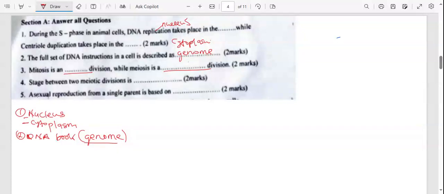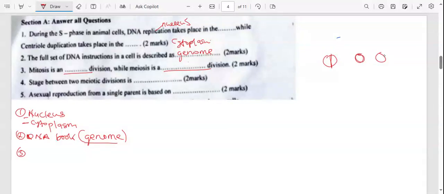Then question 3: state that mitosis is a dash division while meiosis is a dash division. As a result of mitosis, after we perform mitosis, we'll have an equal number of chromosomes. If a cell divides, everything will be equal in the daughter cells.